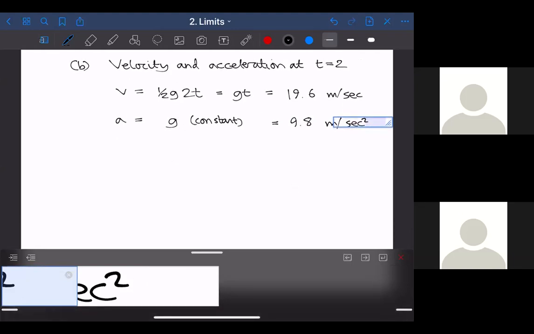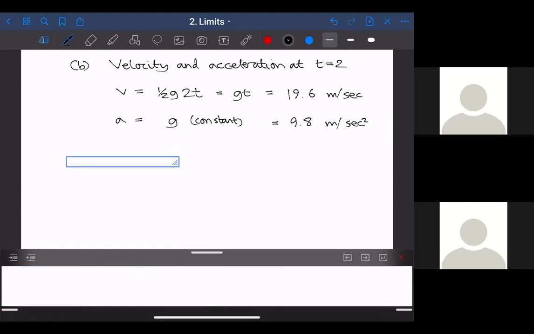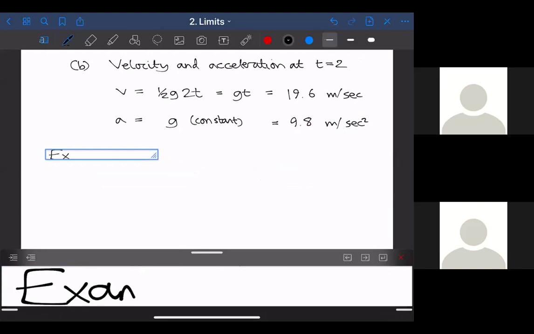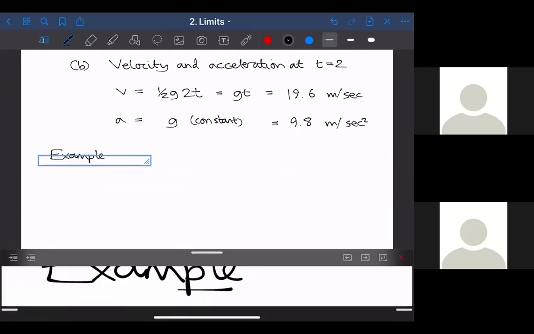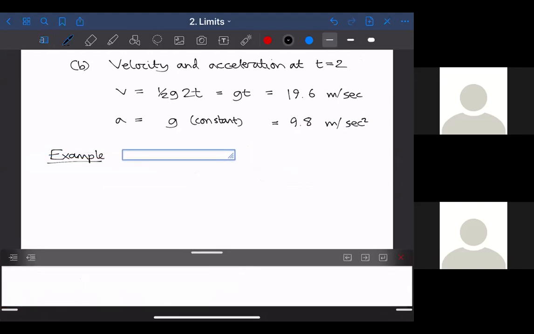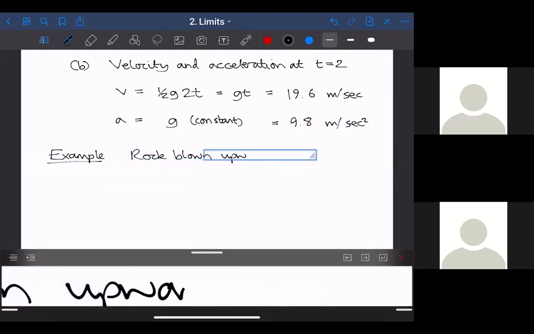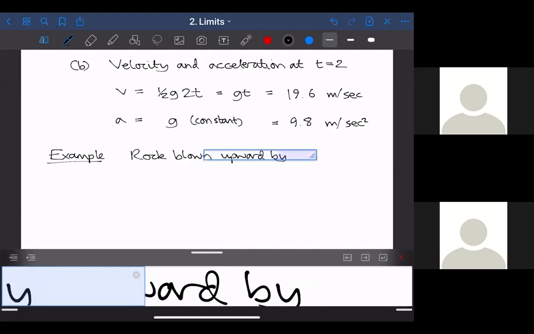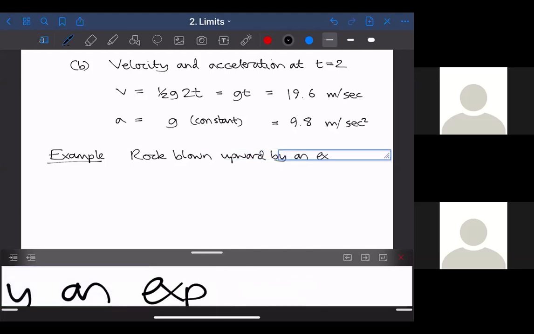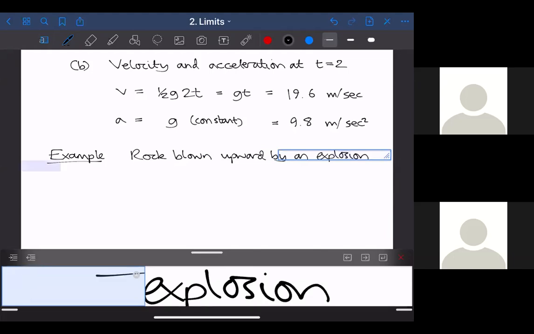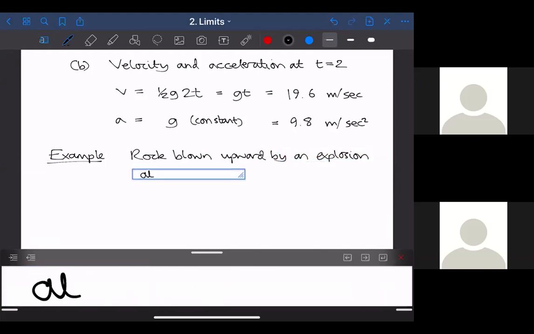Okay, let's do another example. A slightly more complicated example. So a rock blown upward by an explosion at 160 feet per second.